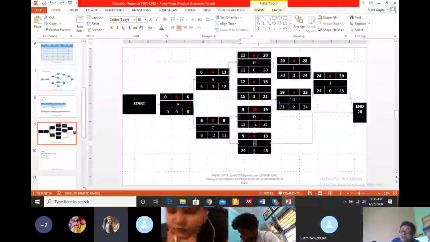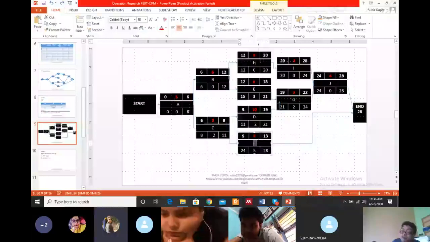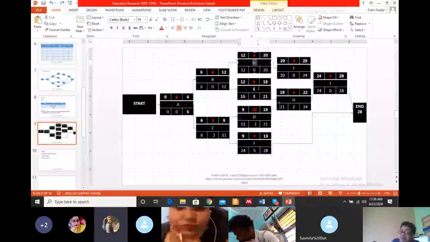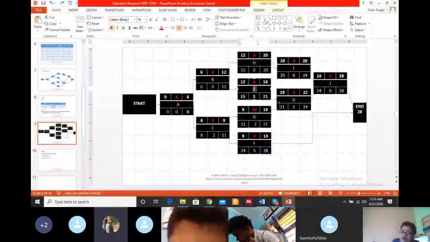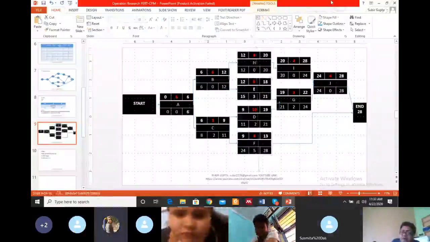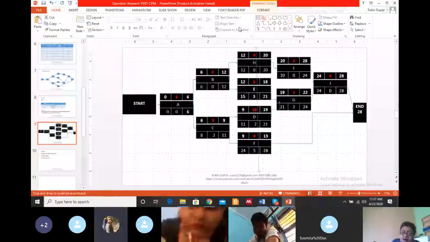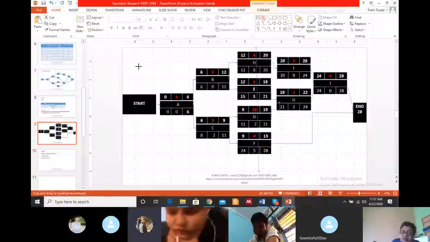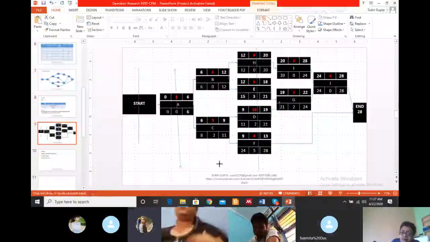Please fill in all the values of H, E, D and F in your exercise book. I repeat, only for activities H, E, D and F, up to level 4. This is level 1, this is level 2, this is level 3 and this is level 4.